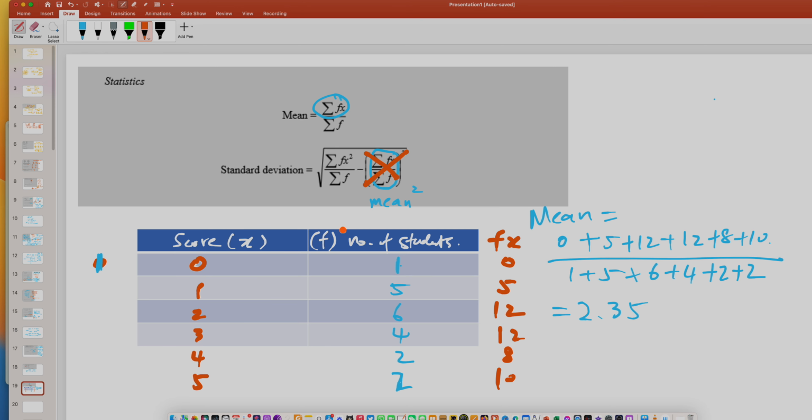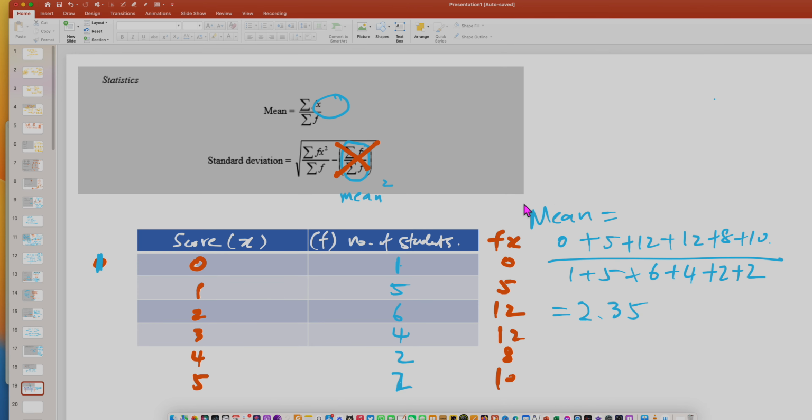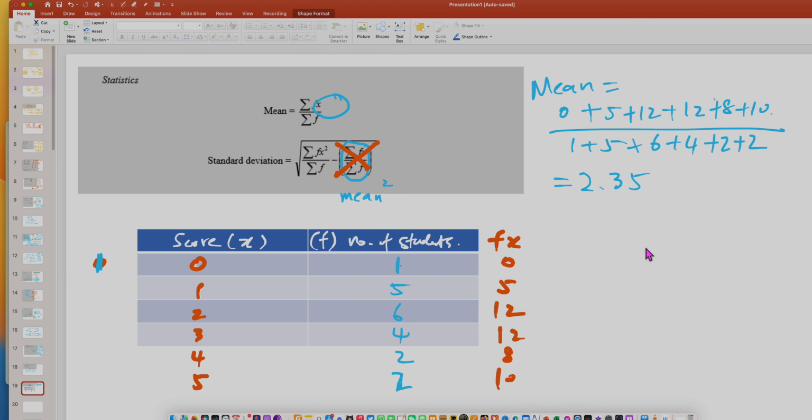Now, another column you need to create is fx square.